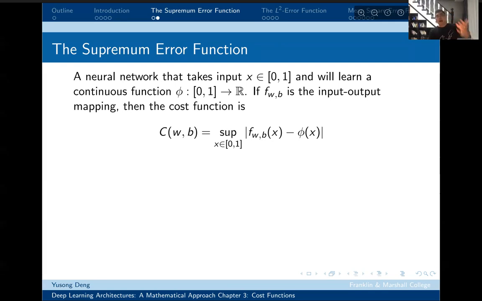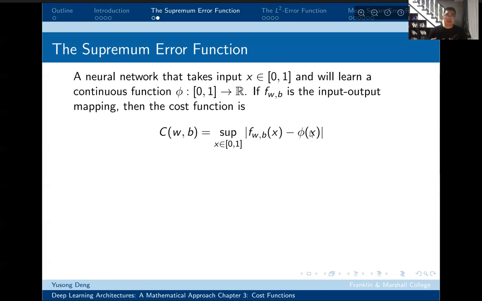If f is the input-output mapping, as we said before, then the cost function, we write it as C(W,B) because it is of course parameterized by W and B, those two internal parameters of the neural network. And here it is the absolute value between f(x) and phi(x), basically.